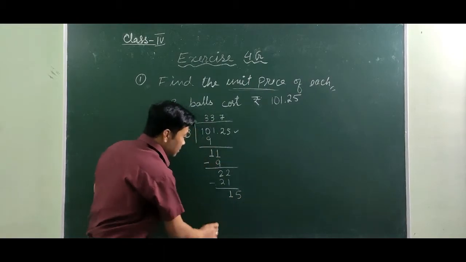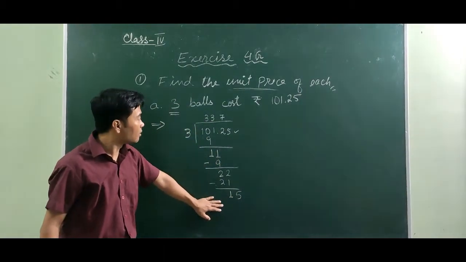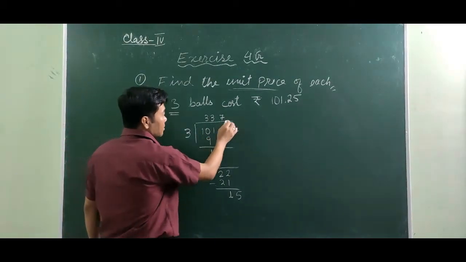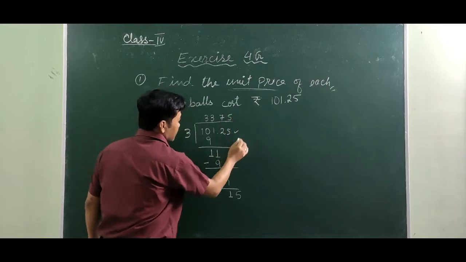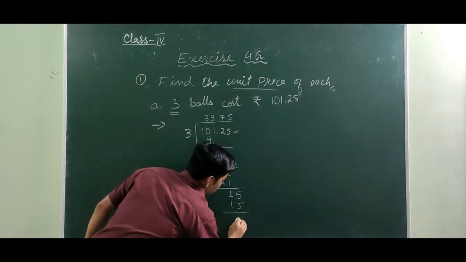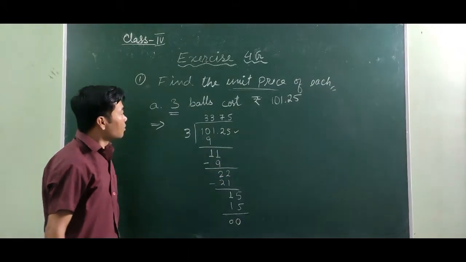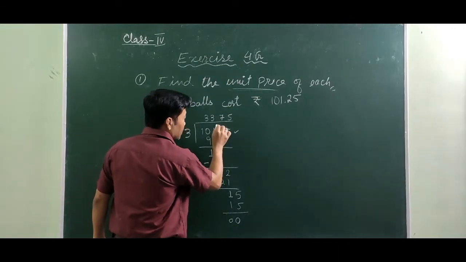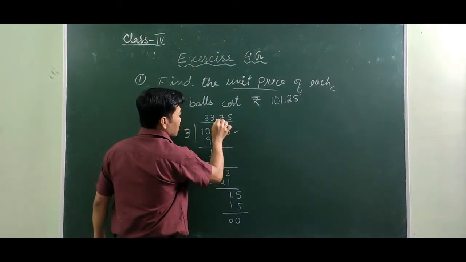So we have next dividend 15. So 15 is there in the table of 3. So 3 times 5 is 15. So there is no remainder. So this decimal, you have to bring it here in the same place where you have written this quotient.